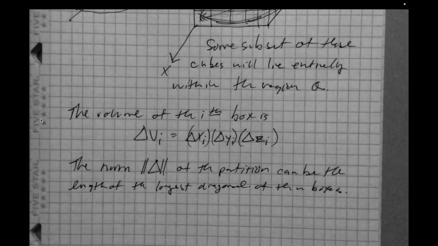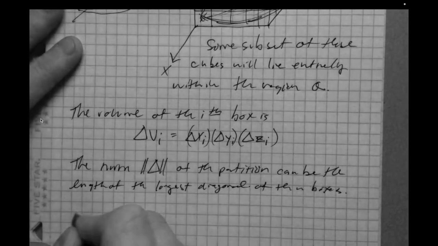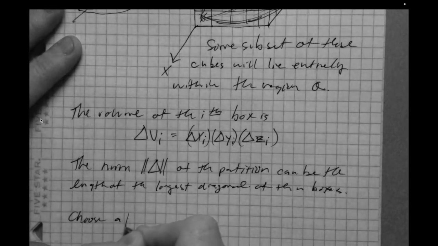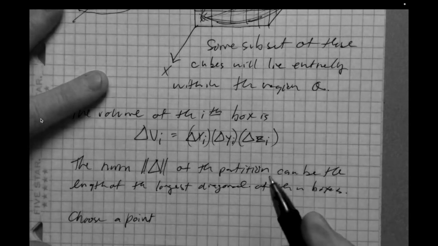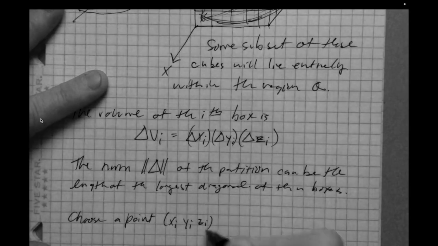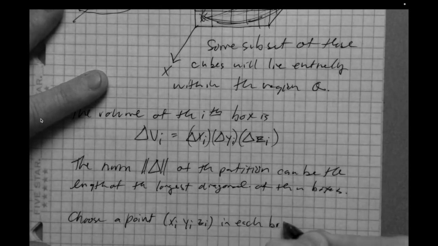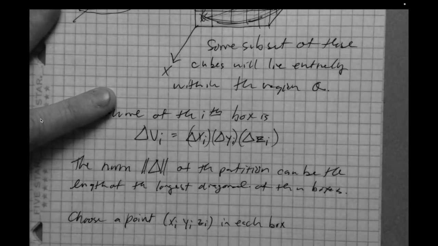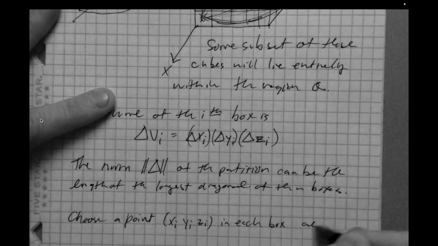The collection of all the cubes that form the partition are an approximation of the volume, and so what we can do is choose a point xi, yi, zi in each box, and we can form a Riemann sum.